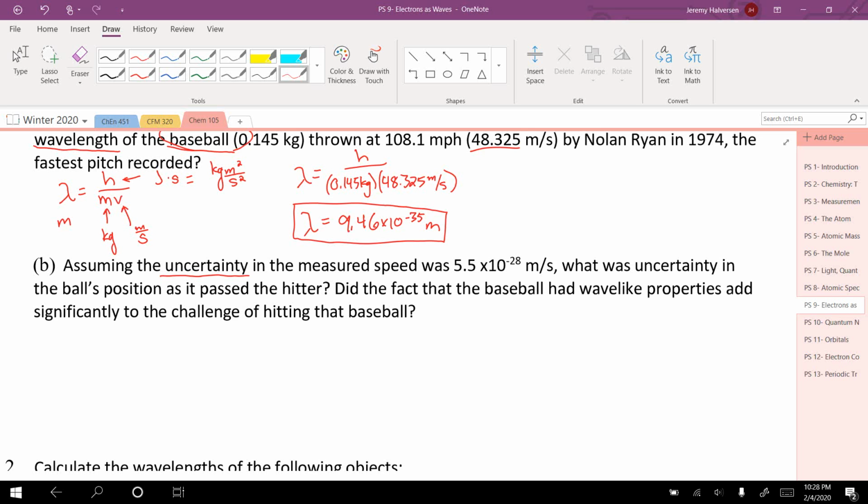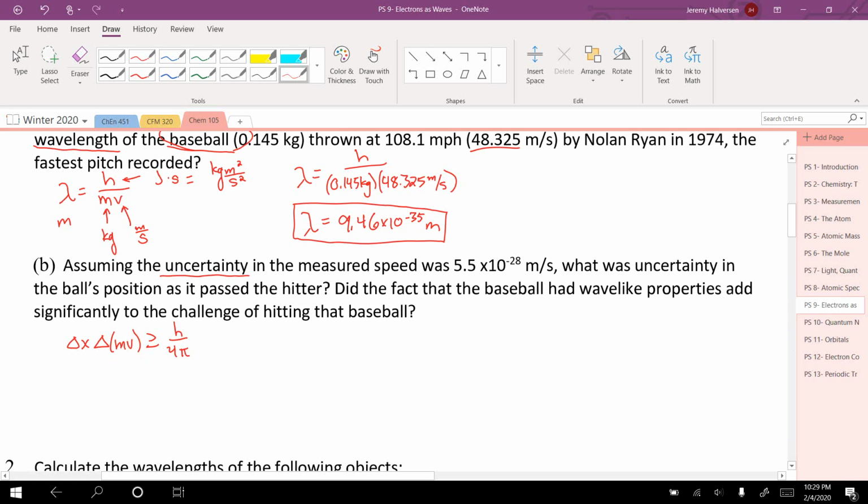And in reality, Heisenberg figured out that if you take the uncertainty in the position of something and multiply it by the uncertainty in the momentum of that thing, m times v, that value will always be greater than or equal to h over 4 pi. So this is the Heisenberg uncertainty equation.